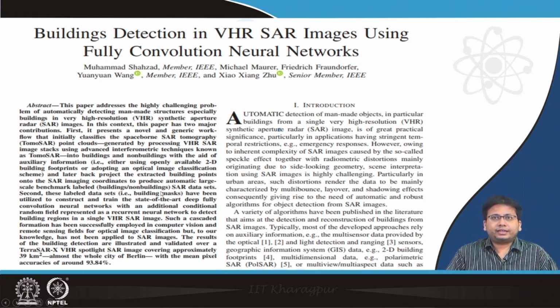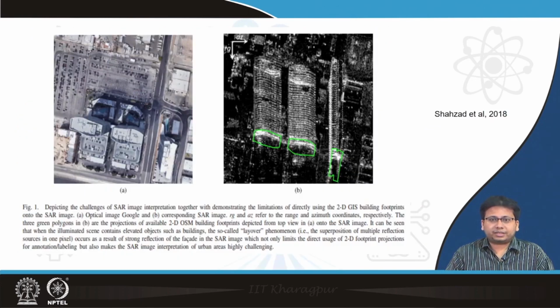So, as I said, the images which you get using some of these sensing technologies like SAR may be different from the optical images which we are familiar with. Say for example, this is an optical image captured within the visible range by something like a drone.